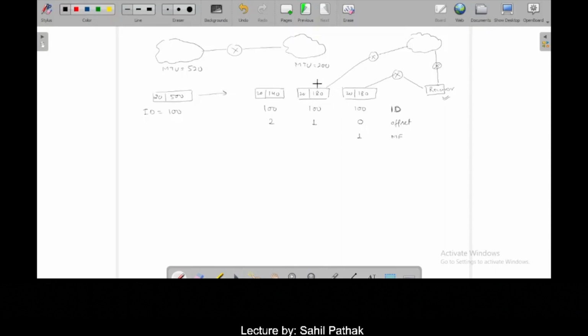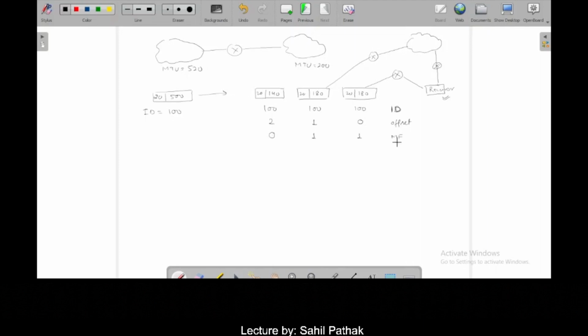Similarly, for this fragment, whether other fragments are following, yes, so we will set the value 1 over here. And for this, is there any fragment following this fragment? No.